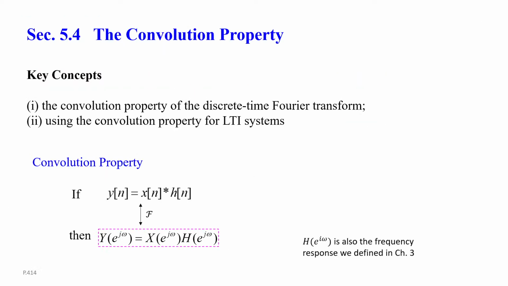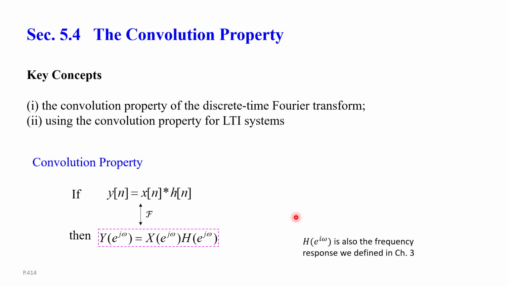Okay, let's start. Now let's go to a more complicated property, the convolution property. If you have convolution in your time domain, then you have multiplication in your frequency domain.